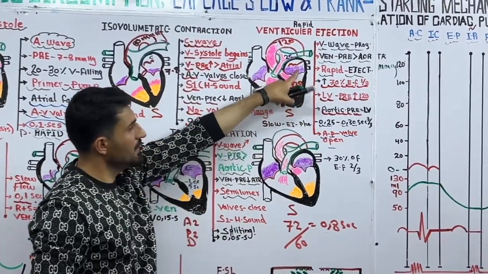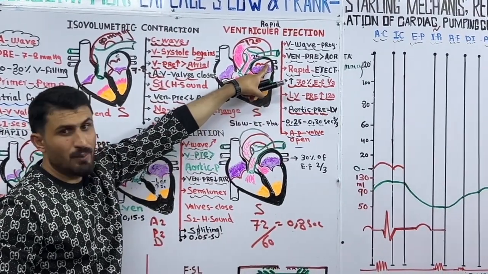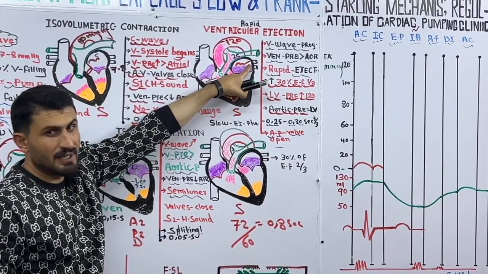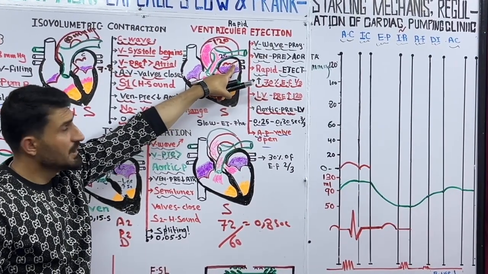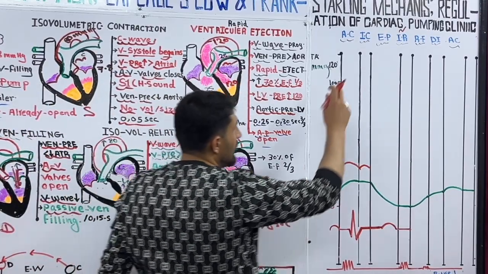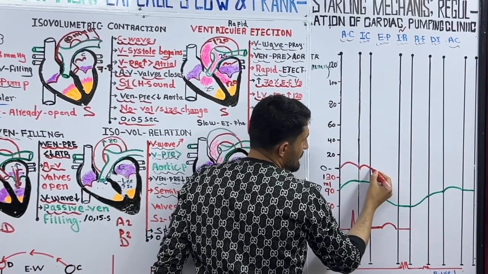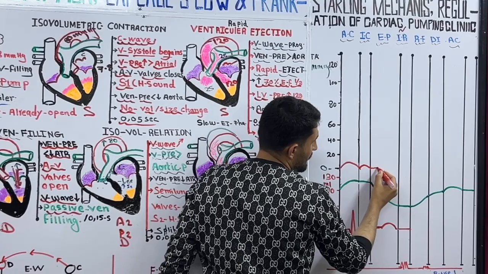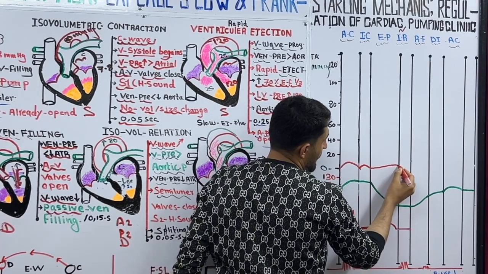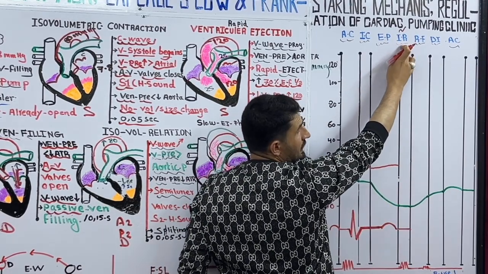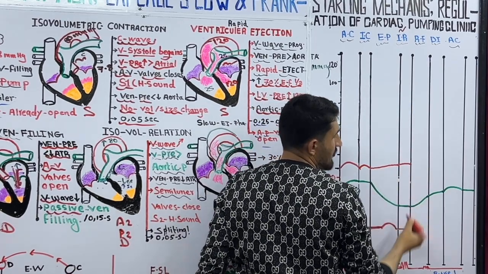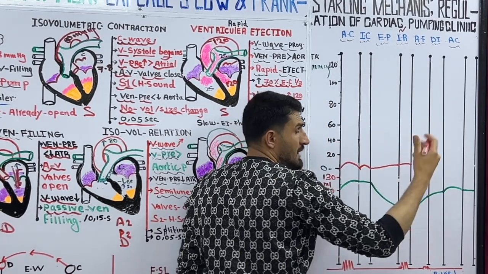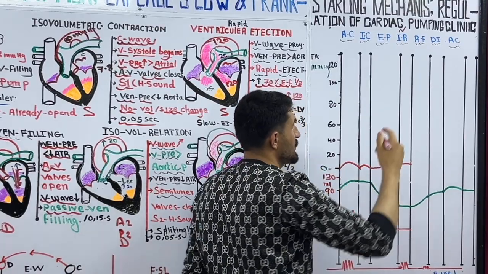So in these phases, a wave is produced and is in progression, which is called the V wave. Here in the ejection phase, you will find a V wave in progression. Here in this isovolumic relaxation phase, you will find a V wave in progression because blood is accumulating inside the atria.